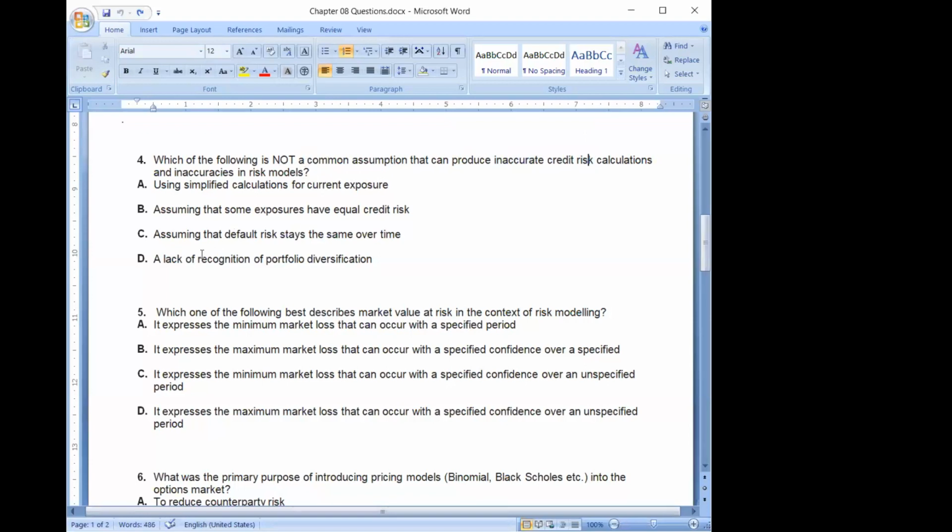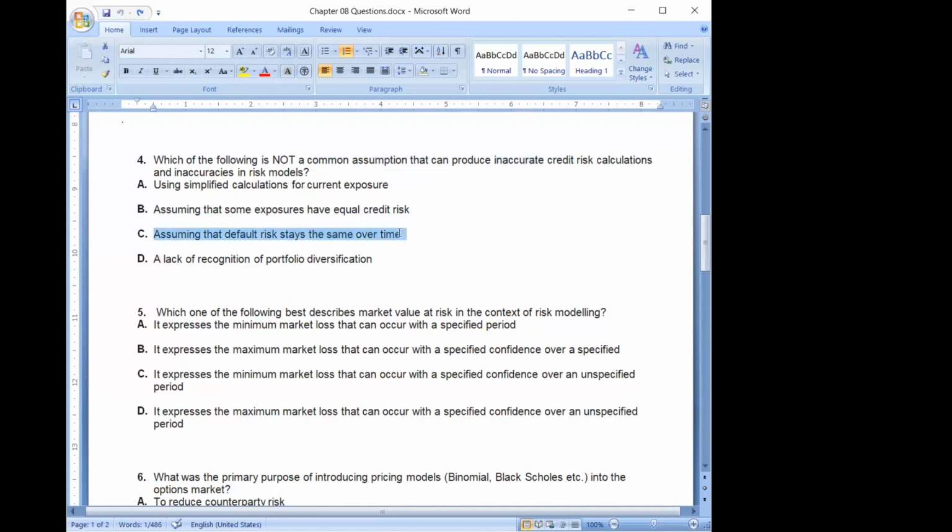So in other words, there are 3 things here, right? 3 things which come to the category common assumptions that can produce inaccurate credit risk. Assuming that some of the exposures have equal credit risk, yes, that assumption is a dangerous one, so that can create inaccuracies.